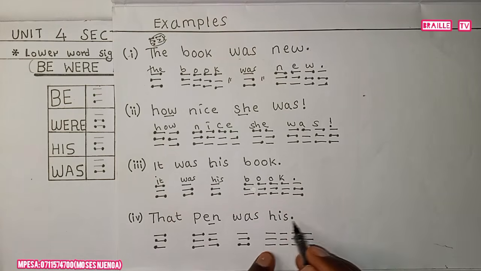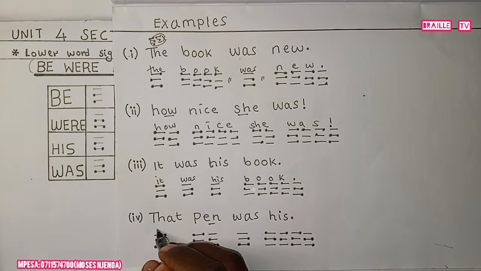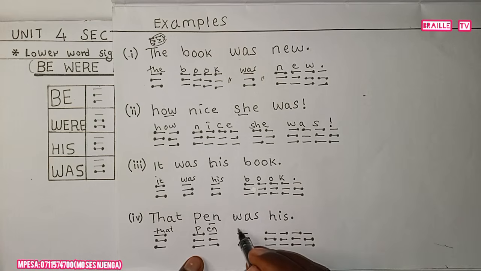Then his, because it is connected to this full stop, we are going to spell it out: H, I, S, and then you put a full stop. So that pen was his, full stop.